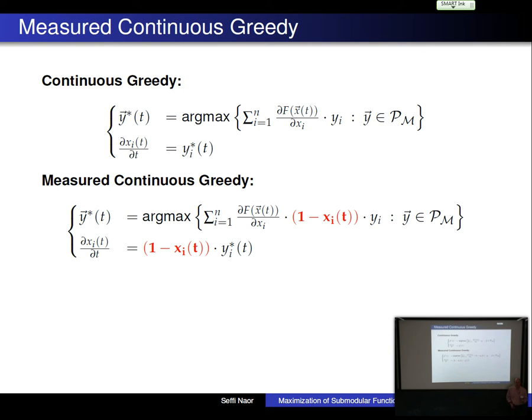Instead of maximizing the directional derivative, we multiply y_i by 1 minus x_i of t. And this would mean that the derivative in the ith direction, instead of growing by y star, will change by 1 minus x_i multiplied by y_i.